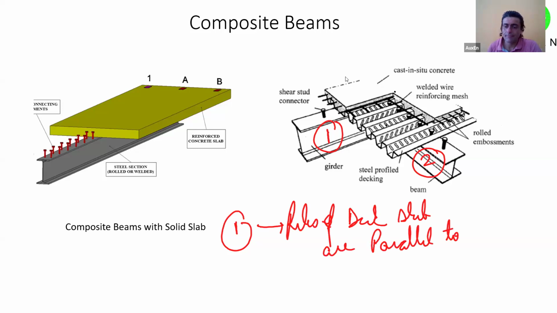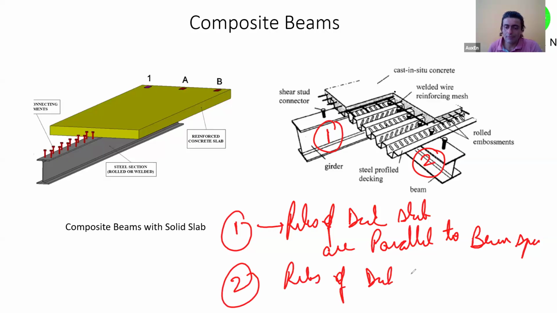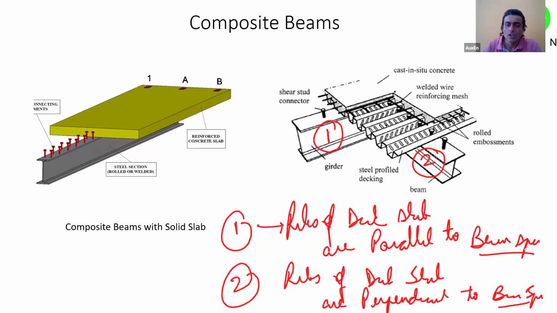Very good. And for beam number two, complete the sentence, the ribs of the deck slab are perpendicular to the beam span. Very good. So this distinction is clear to all of you? Nice.